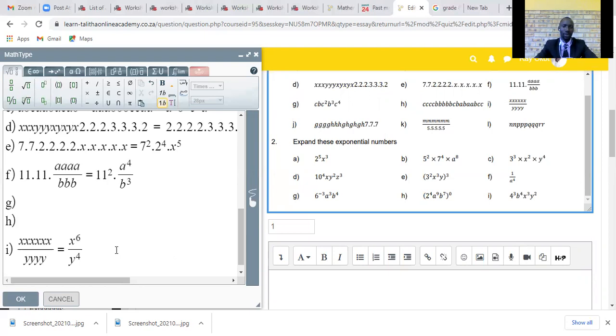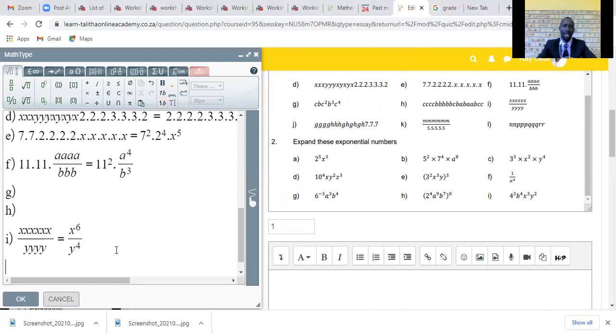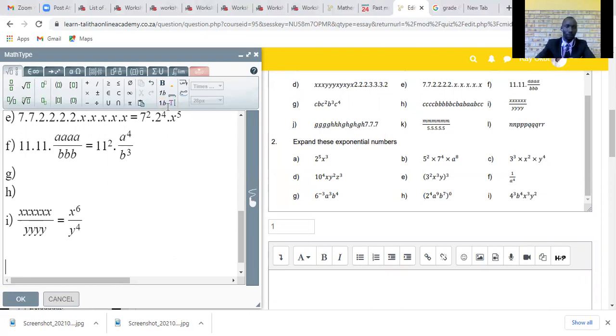We start by doing what? Writing the question down. This is question 2 about expansion. We have to expand. Okay? We write the opposite of what we have been doing. And so we say expansion. That is question 2. We are supposed to expand.